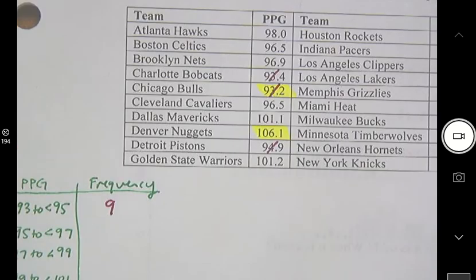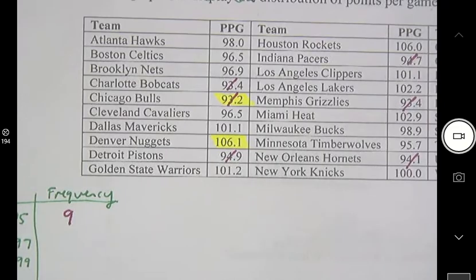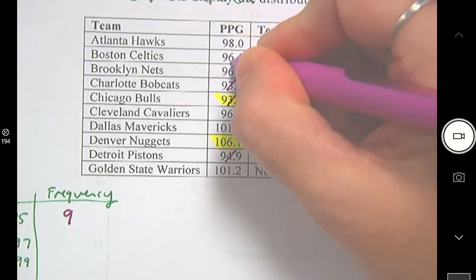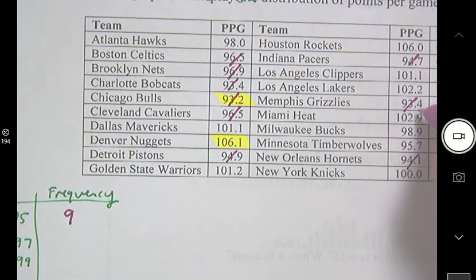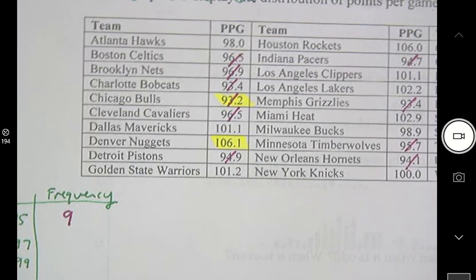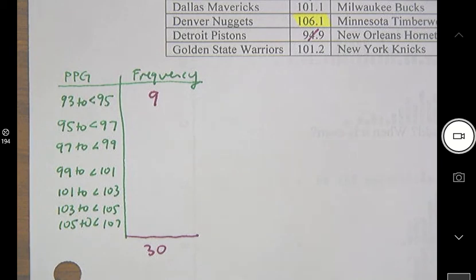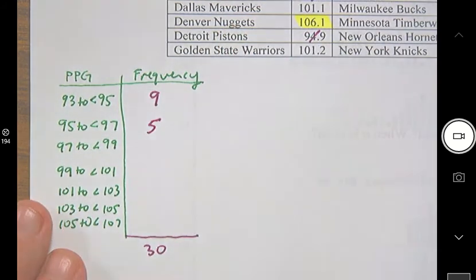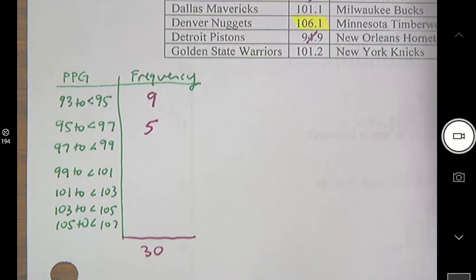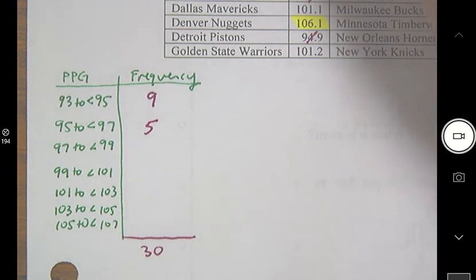95.0 to 96.9. How many are we getting there? I got 5 as well. Okay, very good. Okay, 97.0 to 98.9.